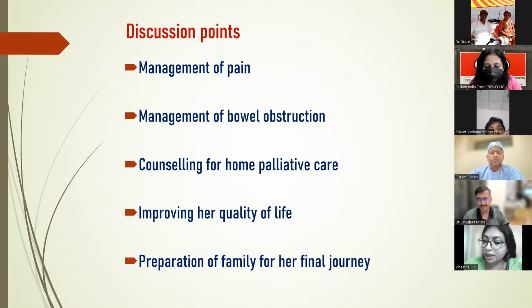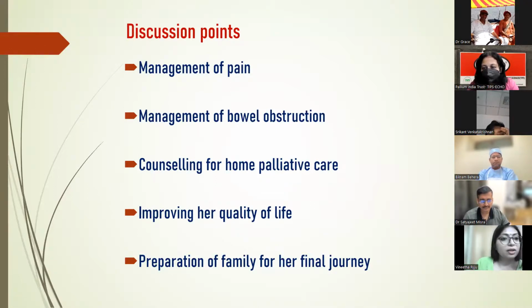So here for management of bowel obstruction, we have our dexamethasone, we have our laxative, and we have our anti-secretory hyoscine butyl bromide, right? So any other suggestions from the team? Yes, a lot of you have suggested Buscopan and digital evacuation, enema.